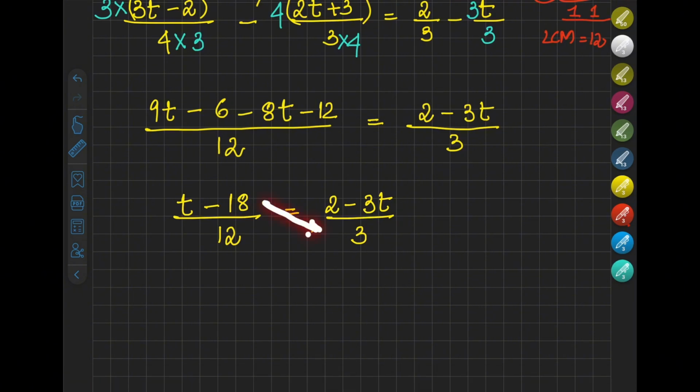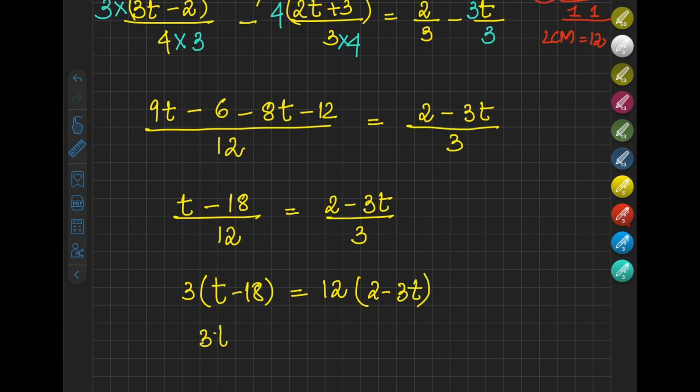I multiply the numerator and denominator of the LHS and RHS in the cross multiplication way, which means that I multiply 3 with t minus 18. So 3 into t minus 18 is equal to, then I multiply 12 with 2 minus 3t. So 12 into 2 minus 3t.